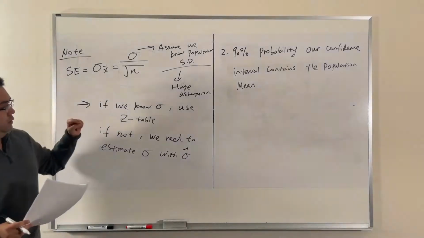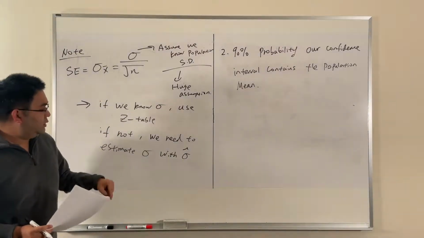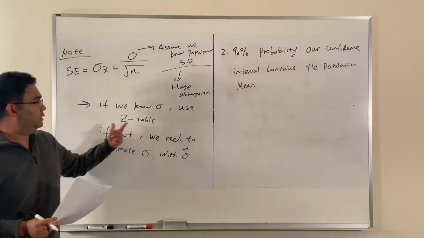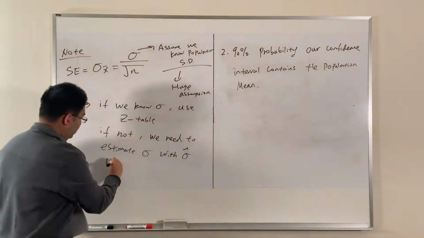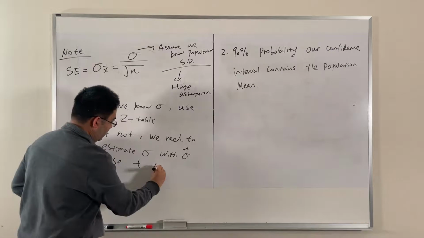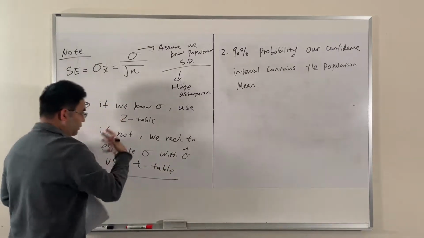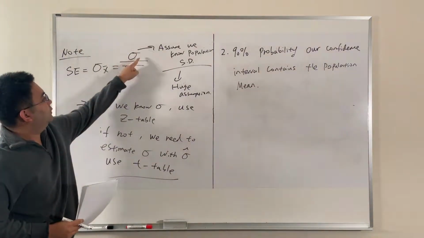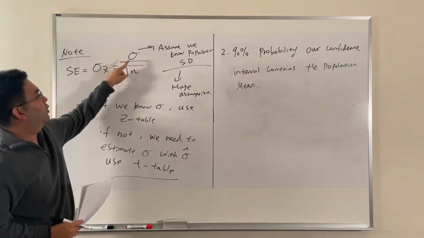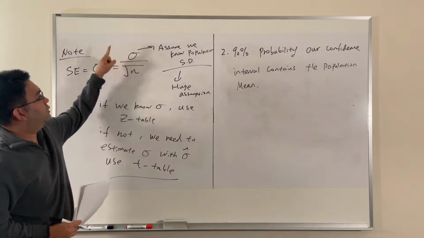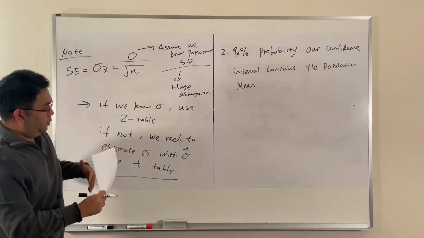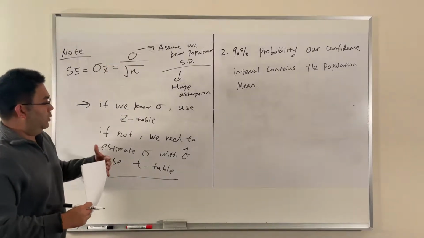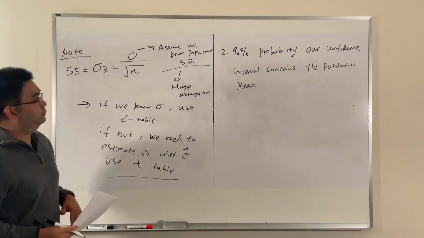And once we have to do the estimation, then we're not going to use the z-table, but instead we're going to use the t-table. We'll talk more in our next video. But for now, you need to know that whether we know the population standard deviation or not makes a difference on whether we have to estimate it and whether we have to use the z-table or the t-table.